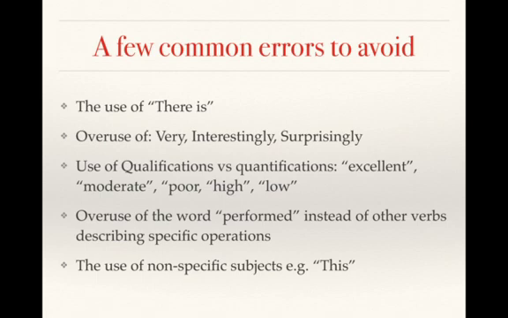Avoid overusing the word performed. Authors always do that, instead of other verbs that might describe specific operations. For example, you might say performed a dilution instead of it diluted.